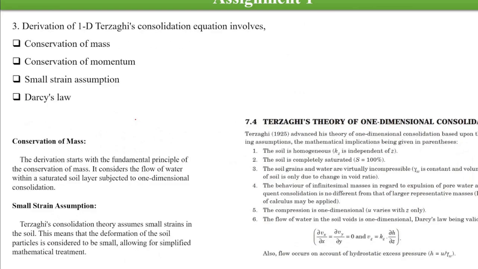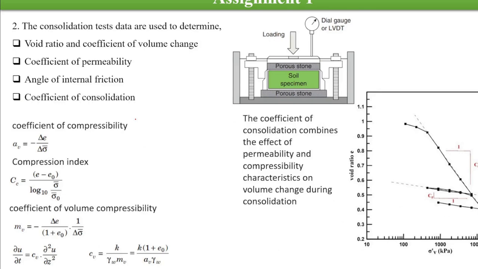Coming to the second question, it's basically on the consolidation test again. It asks that the consolidation test data are used to determine what? For the consolidation test, at the end we want to determine the coefficient of consolidation.